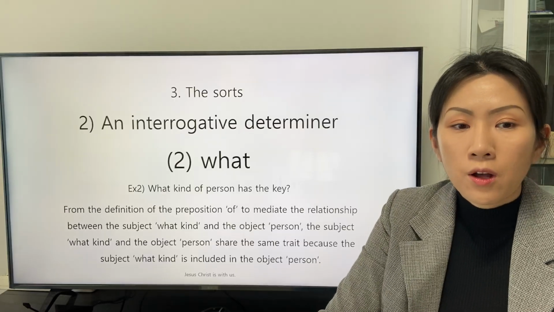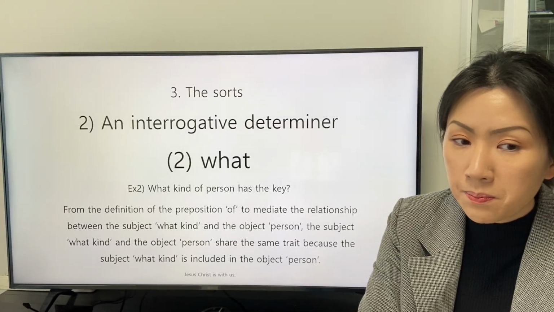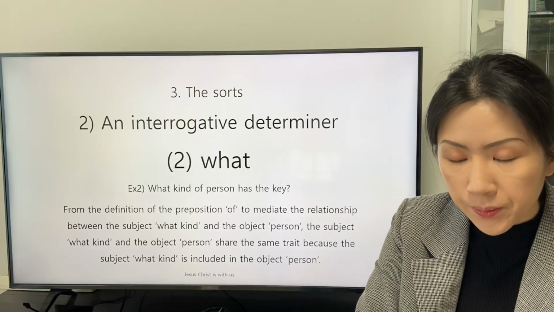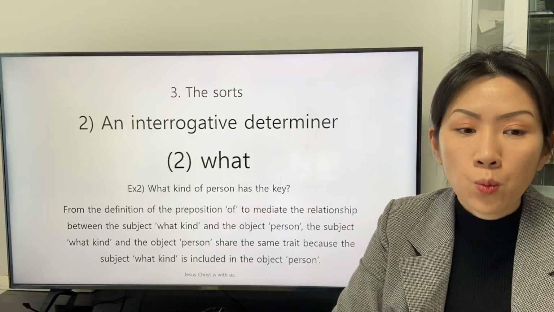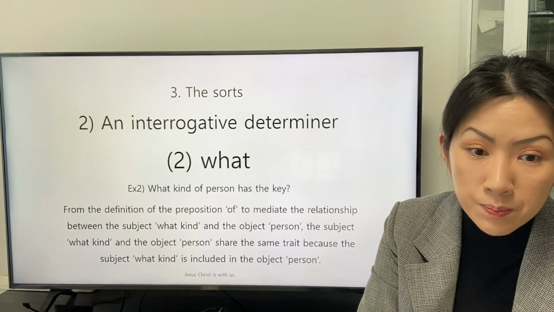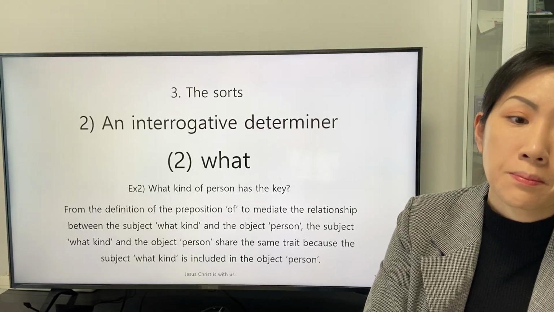From the definition of the preposition of to mediate the relationship between the subject what kind and the object person, the subject what kind and the object person share the same traits because the subject what kind is included in the object person.